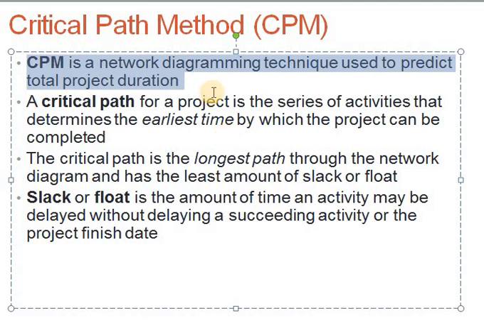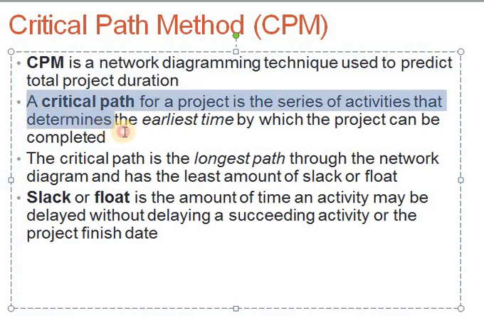So in order to calculate the total project duration, the technique that we will use is called the critical path method. A critical path for a project is the series of activities that determines the earliest time by which the project can be completed. So using a critical path, you can determine the earliest possible time to finish the project.